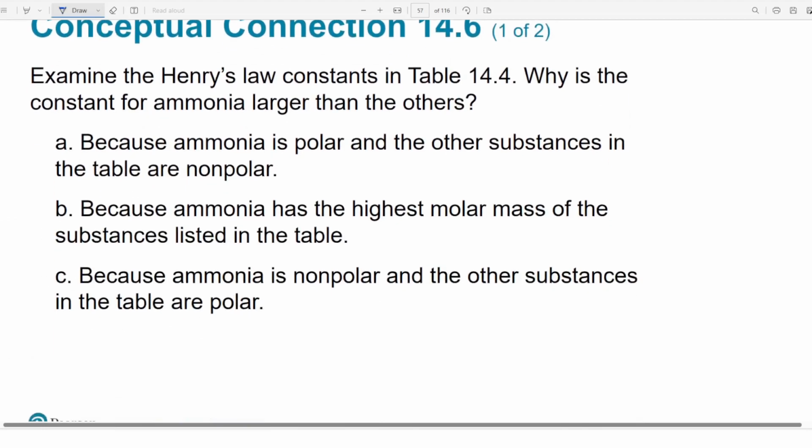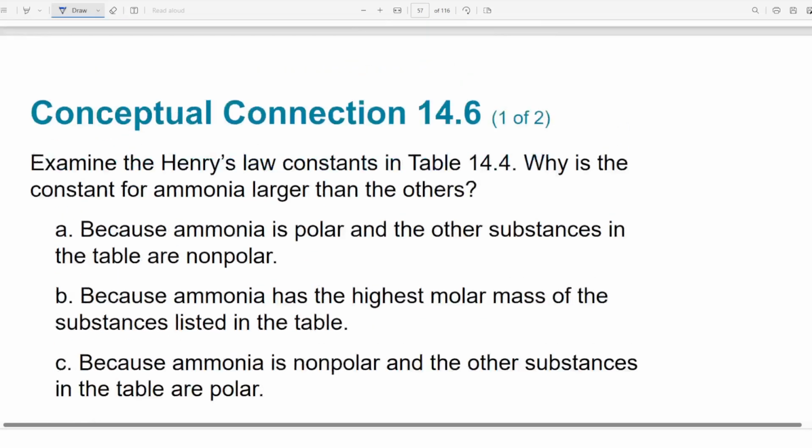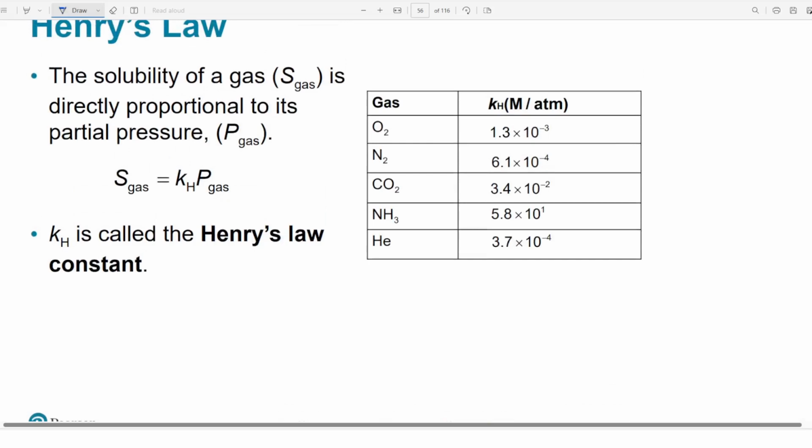Examine the Henry's law constants in table 14.4. Why is the constant for ammonia larger than the others? We see here that ammonia is 5.8 times 10 to the first, so like 58. O2 is 1.3 times 10 to the negative third, and we see that the others are on the order of 10 to the negative something.